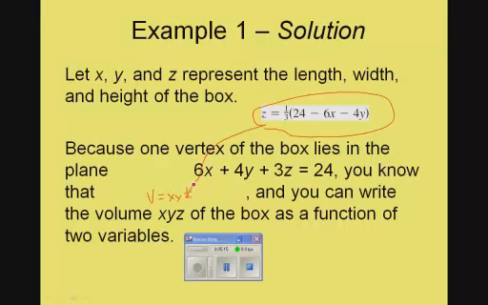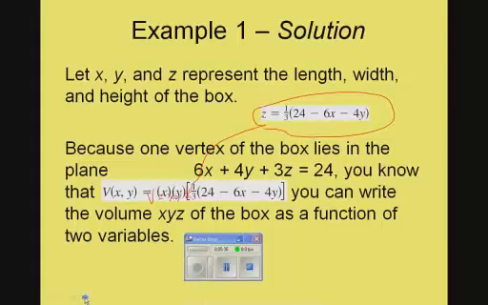Why? Because we are constrained. We have to have a point in the plane. So z must be equal to 1/3 (24 minus 6x minus 4y). Now you can make it a problem where you have a function of two variables, and they throw it in there right where I wrote. So now, what's that say?